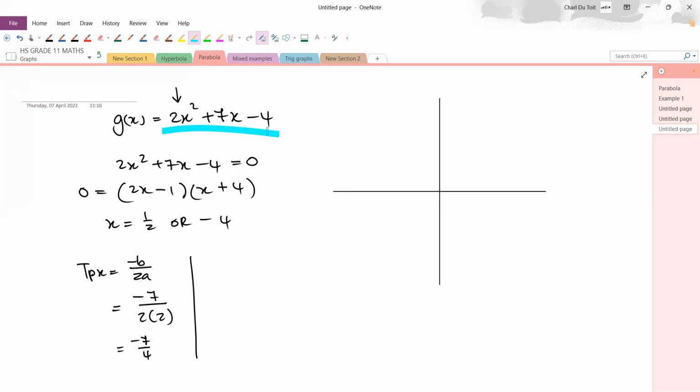Using the base formula, now I can get the y value of the turning point by putting that value, -7/4, into the equation. So that's 2(-7/4) squared plus 7 times -7/4 minus 4.